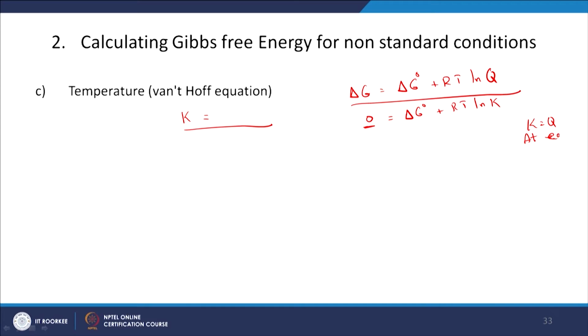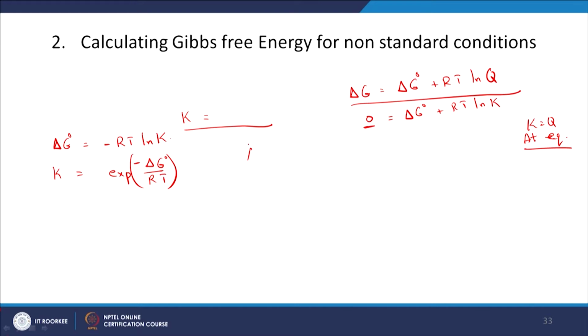This is something we discussed in the previous class. So now delta G naught is equal to minus RT natural logarithm of K, or that translates to K equal to exponential of minus delta G naught by RT. And here we will go back to the initial concept that we are aware of: delta G naught is equal to the change in enthalpy and change in entropy, the relevant equation here.